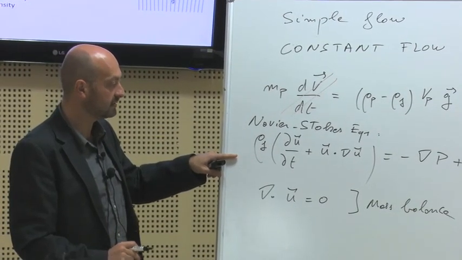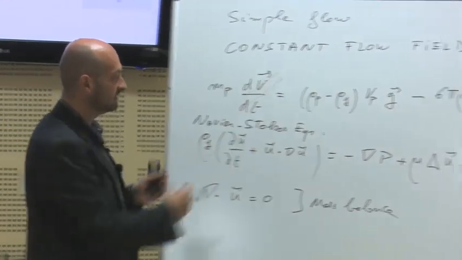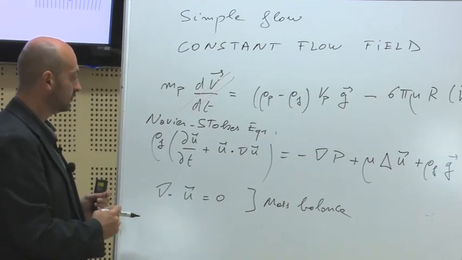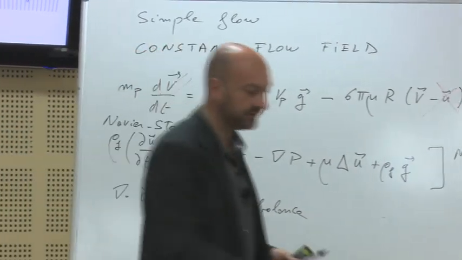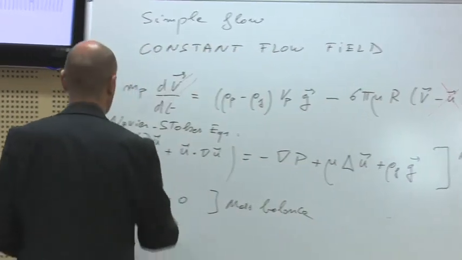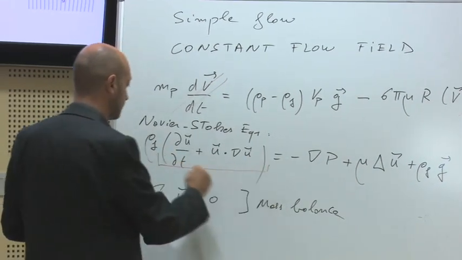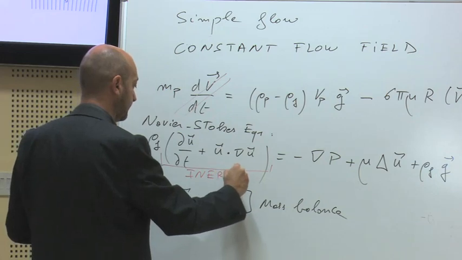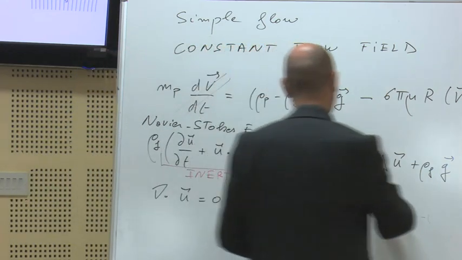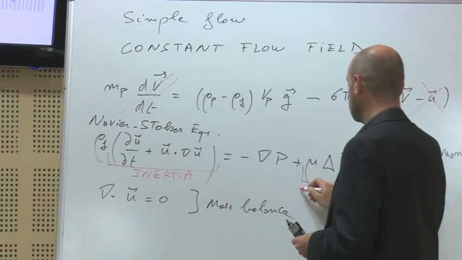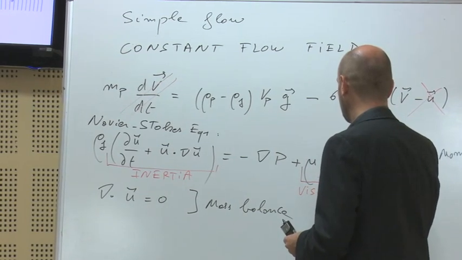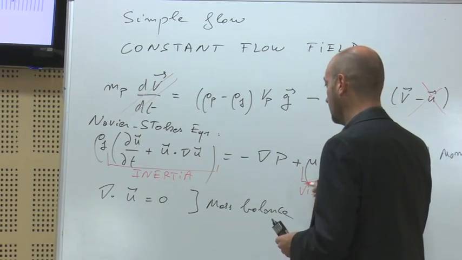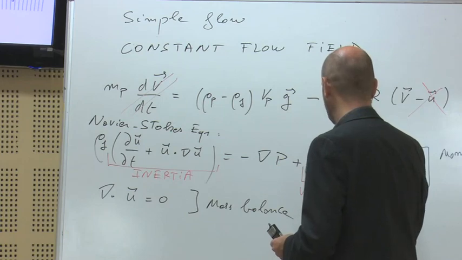So you have these two equations, and you see that in this equation you have many terms, but actually two very important terms. One is called the fluid inertia, and the other one is the viscous term.